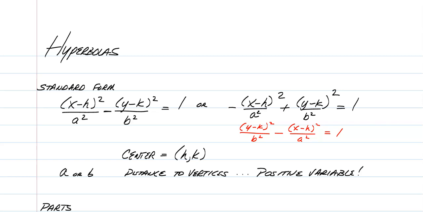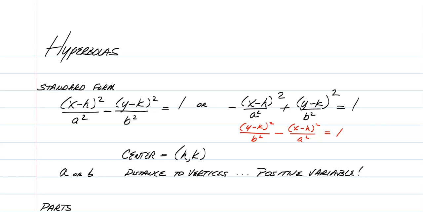The standard form of a hyperbola is extremely similar to an ellipse with one minor detail. One of your variables is going to be negative. That's it. So the equations are going to look identical minus one feature.